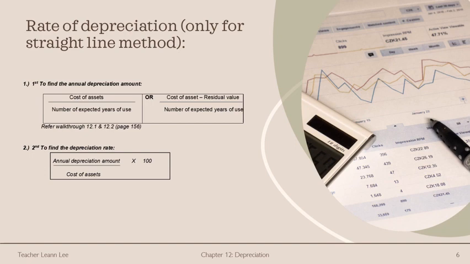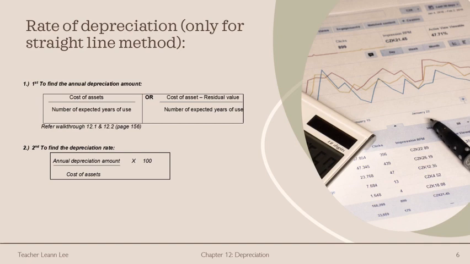The first step to find the rate of depreciation is to find the annual depreciation amount. Annual means how much every year I should deduct from the cost of the NCA in order to get the estimated current market value of the NCA. So the cost of the asset divided by the number of expected years of use.